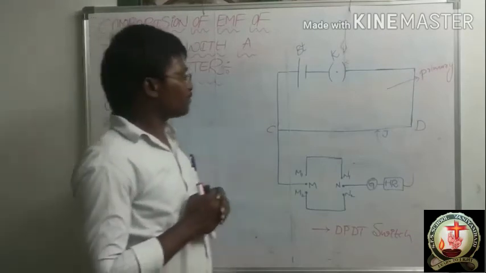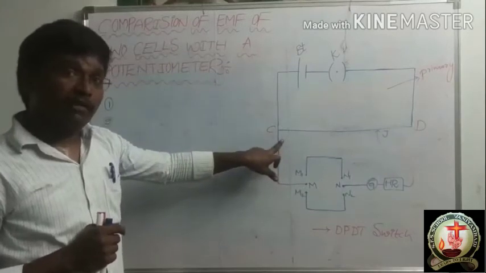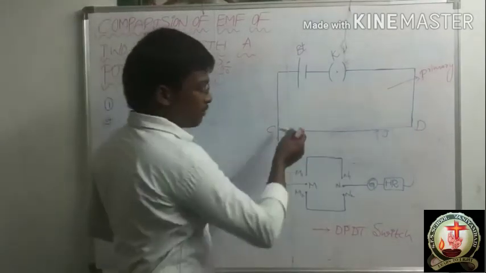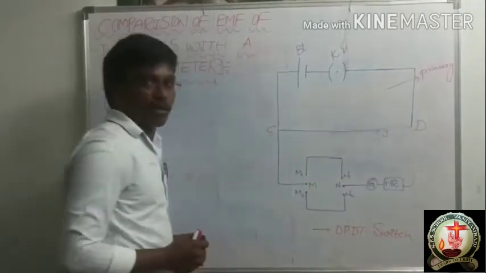Here, this is one end of the potentiometer wire and this is another end of the potentiometer wire.